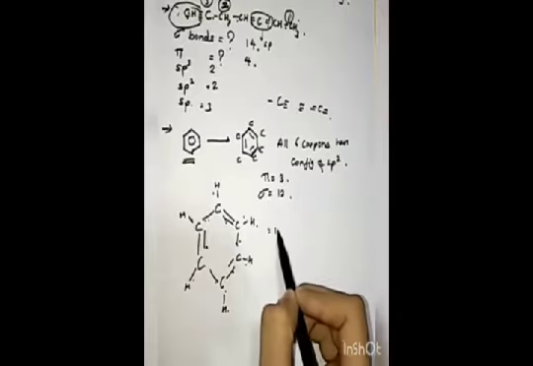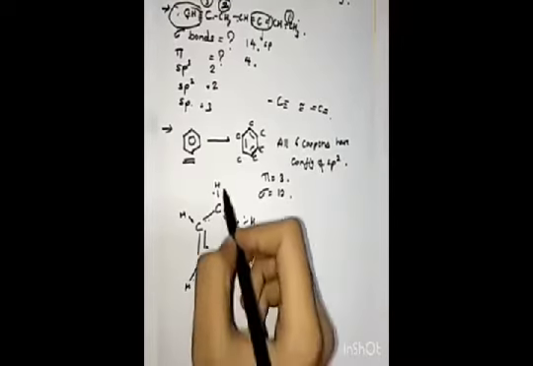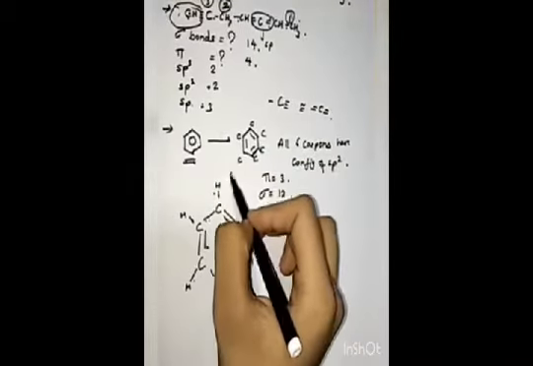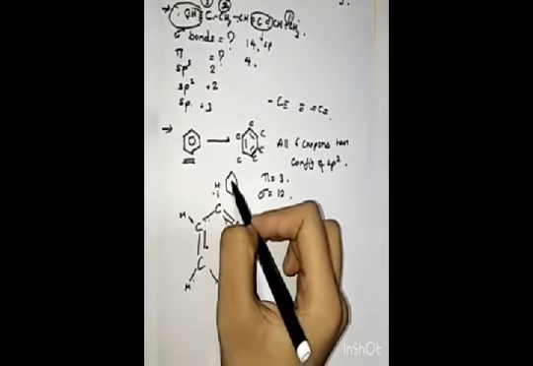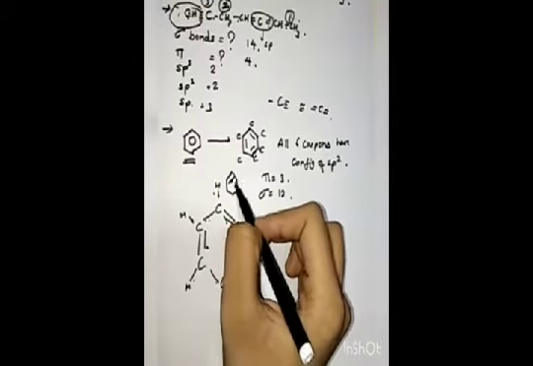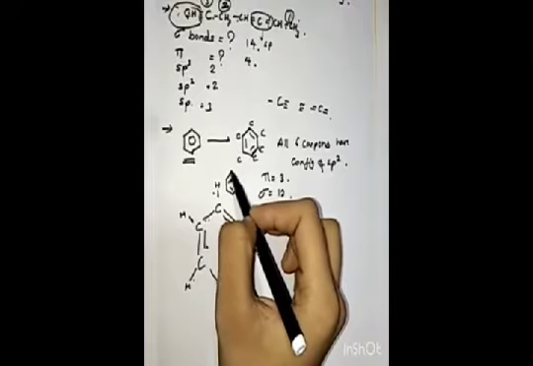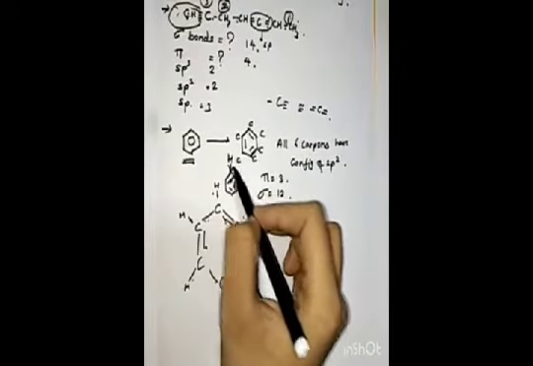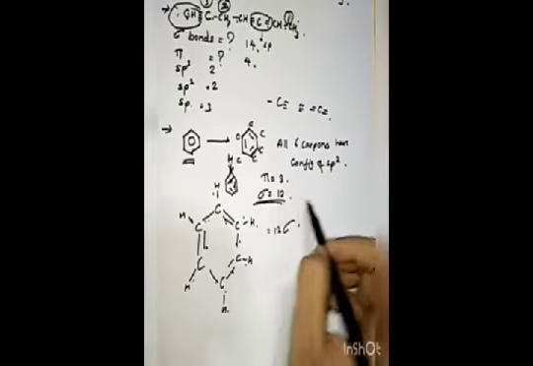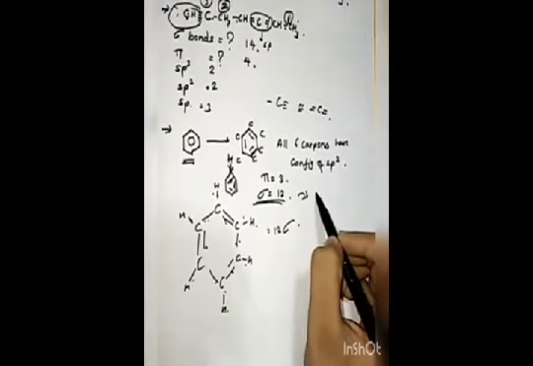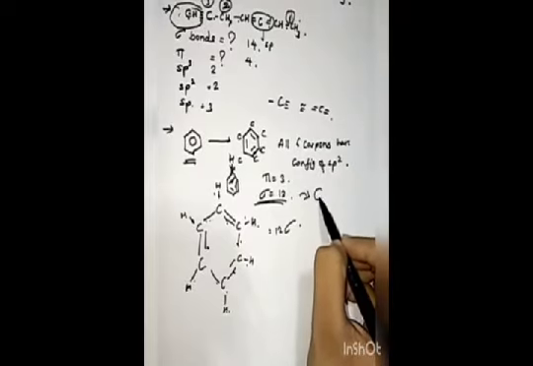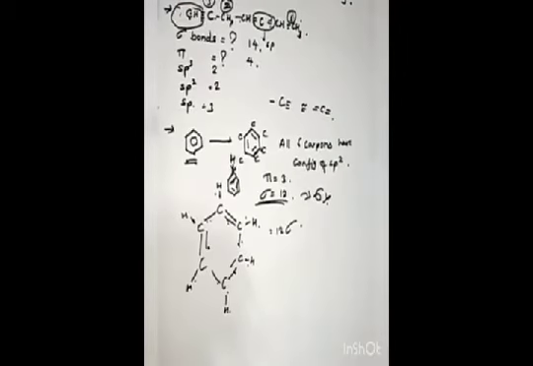So there are 12 sigma bonds. Generally, when you write the structure like this, everyone will forget the hydrogens attached. So the number of sigma bonds, sometimes by mistake, will be written as 6. That is a wrong thing.